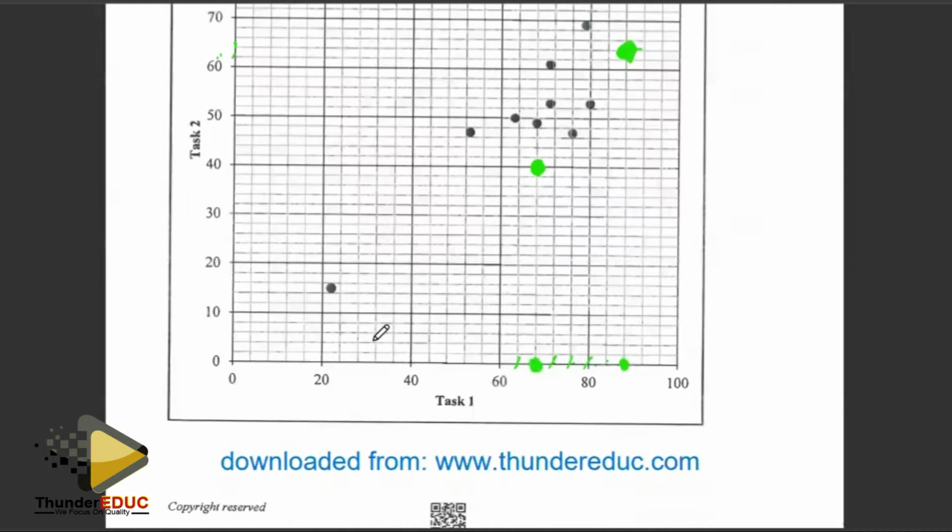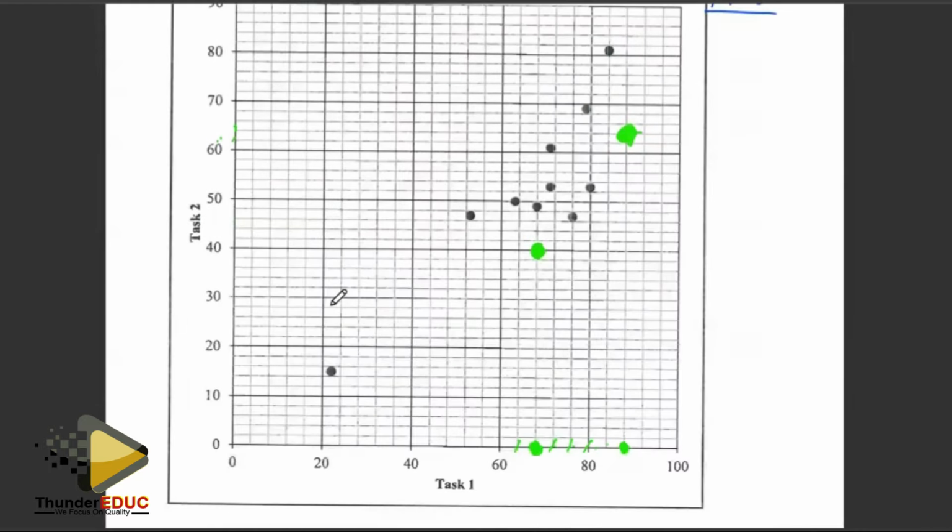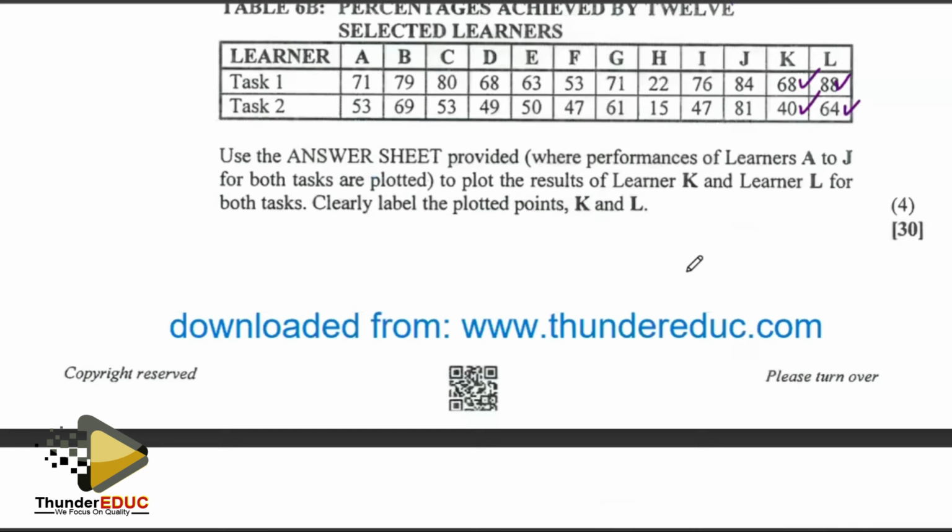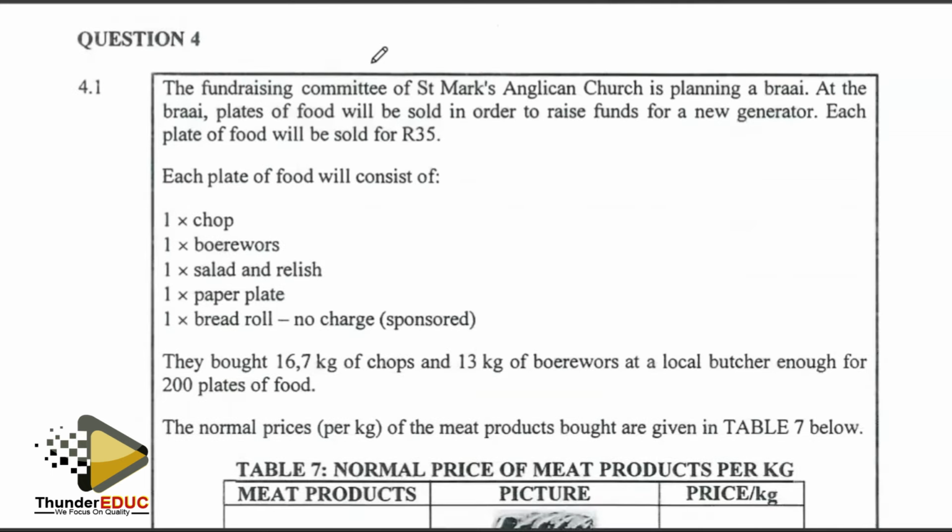Question 4. The fundraising committee of St. Mark's Anglican Church is planning a braai. At the braai, plates of food will be sold in order to raise funds for the new generator.